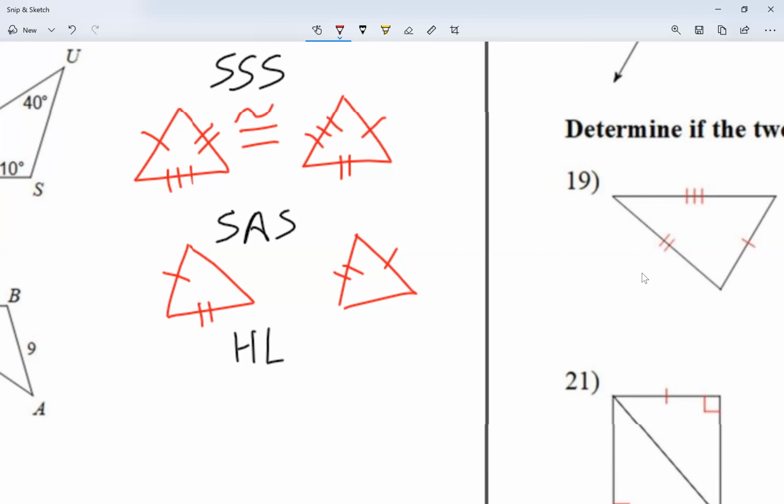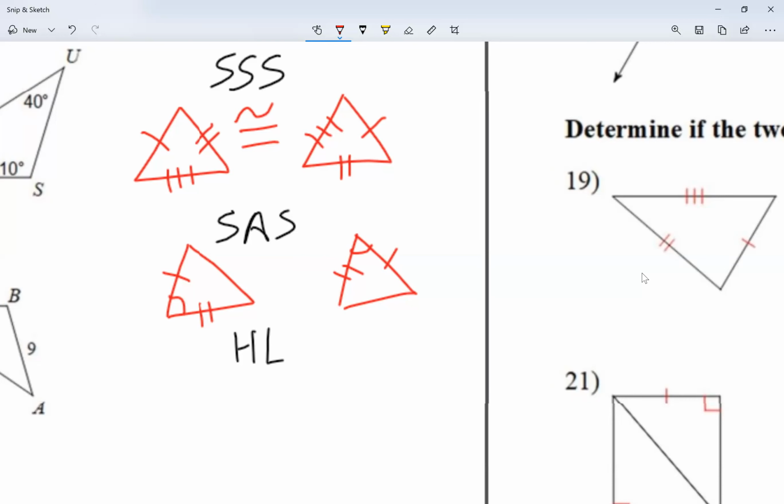There's 2 sides that I marked. One of them I marked with 1 slash, the other one with 2 slashes. The included angle is the corner where those 2 sides meet. So it's not just any corner, it's that corner where those 2 sides meet. On my triangle on the left, I'm talking about this angle. On my triangle on the right, I'm talking about this corner.